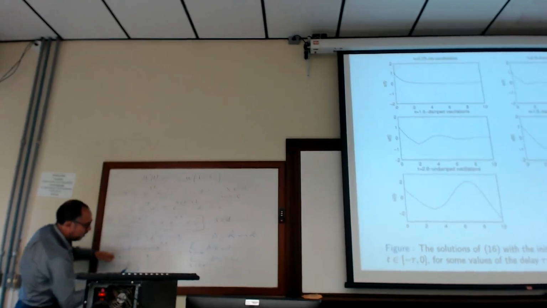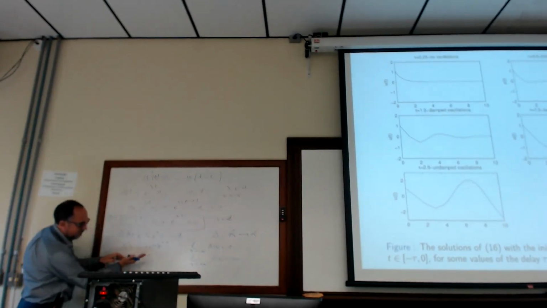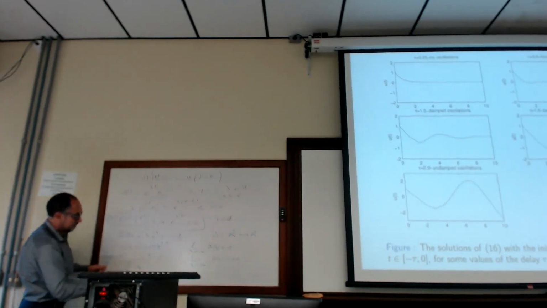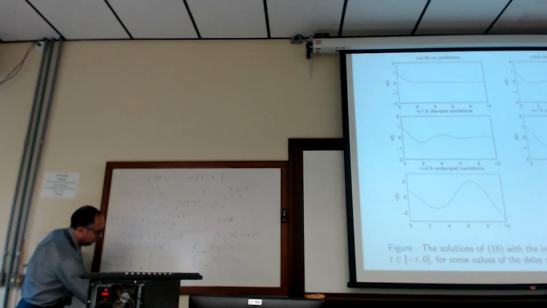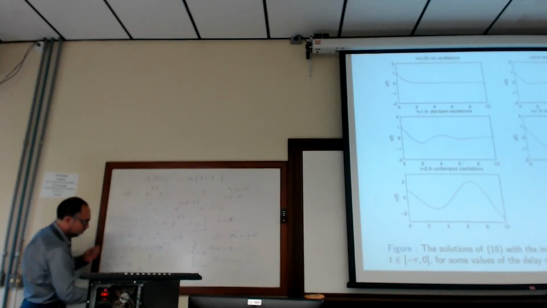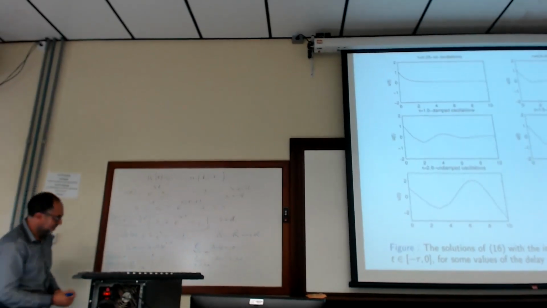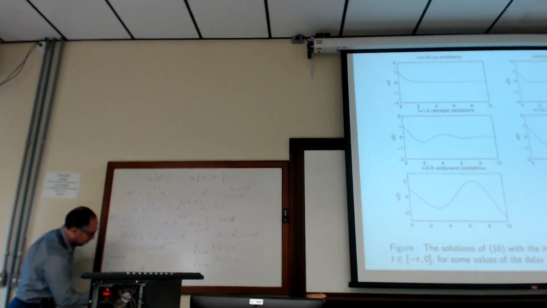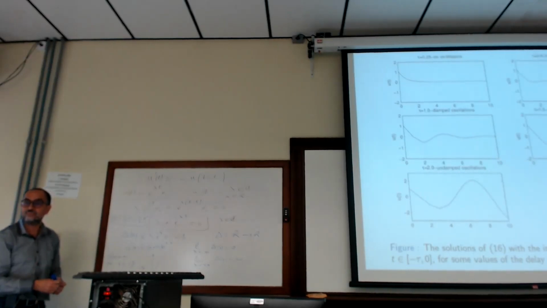Then if we increase tau, it means that we'll go up. If we decrease, we have this. And the limit to be here is to take minus 1 over tau exponential equals to minus 1. And what is the tau that gives you this limit?